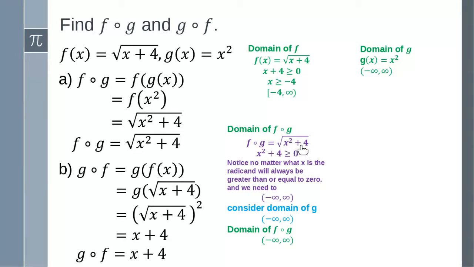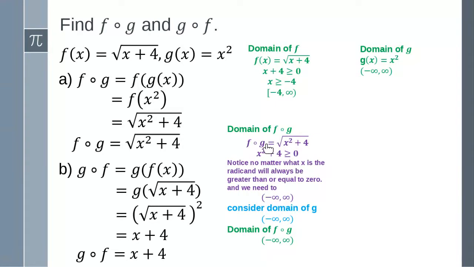If I put this radicand greater than or equal to 0, I'm going to end up with an imaginary solution. If you notice, since your x is squared, if you have a negative number in there, it's always going to become positive, which means that anything in the square root is always going to be positive. So there's not going to be any restrictions here. And so we're going to have negative infinity to positive infinity.